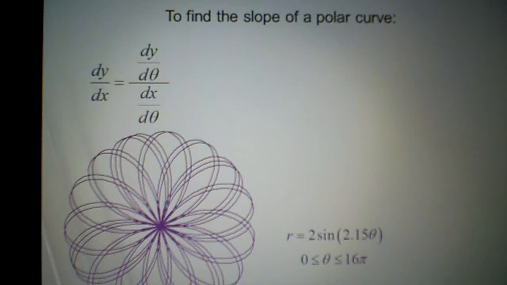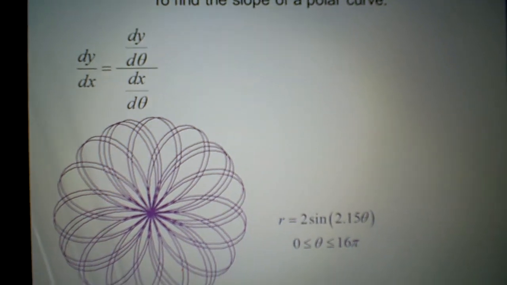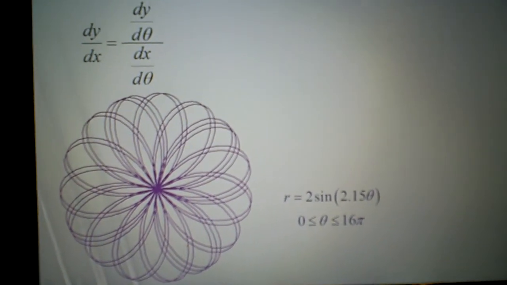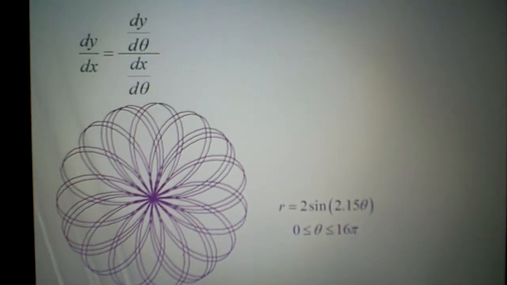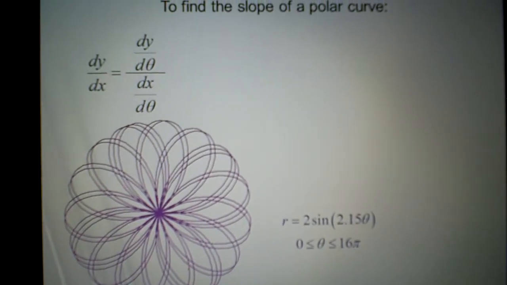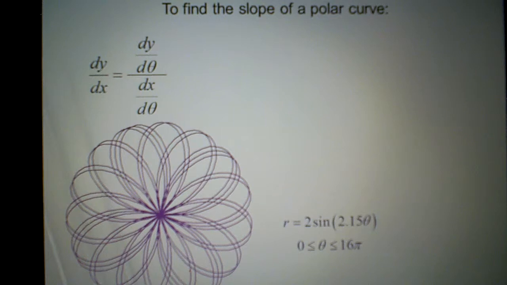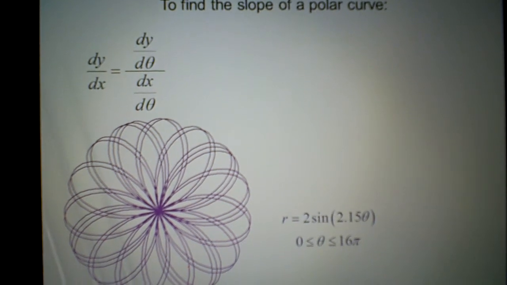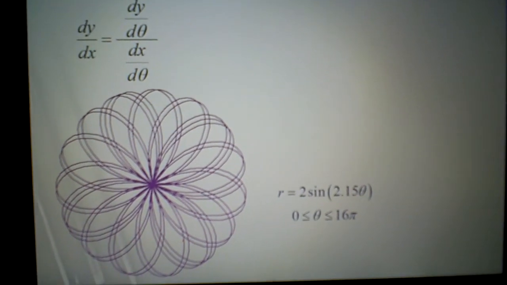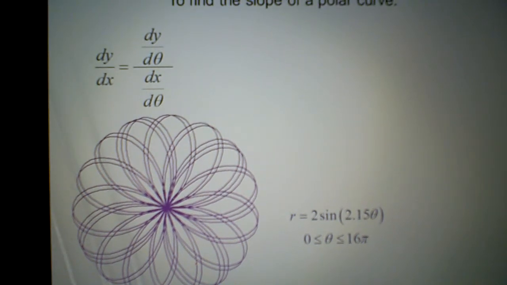To find the slope of a polar curve, make sure you can see the bottom of the screen here. The slope of a polar curve is still a ratio, but instead of dy dt, it's dy d theta over dx d theta.